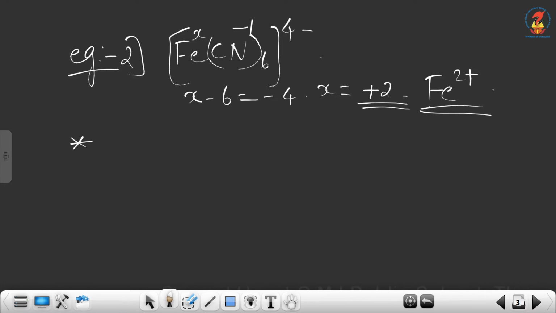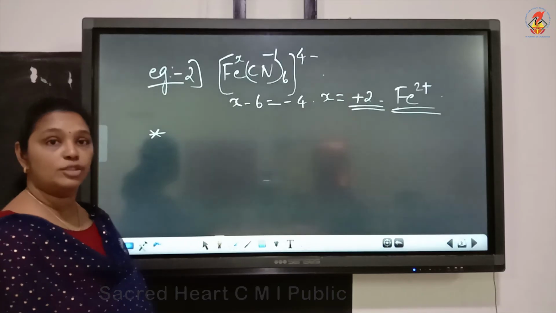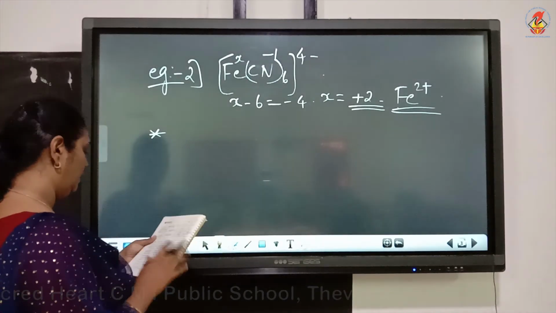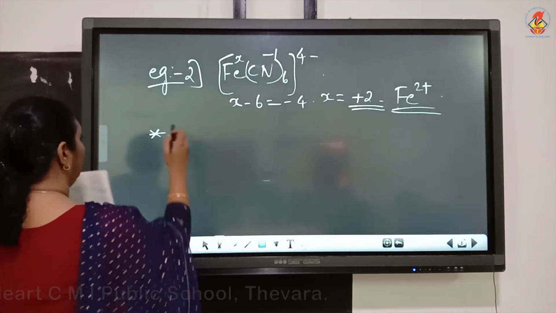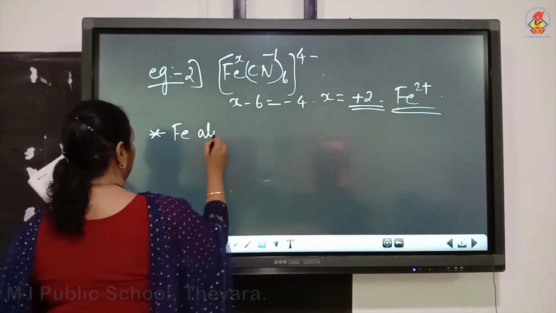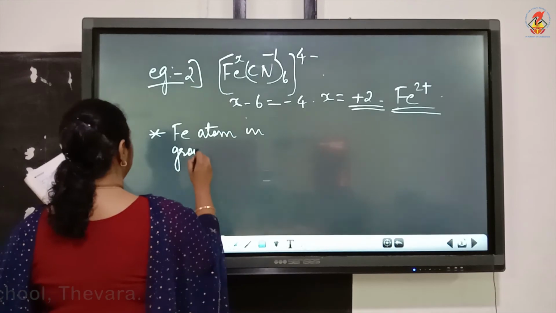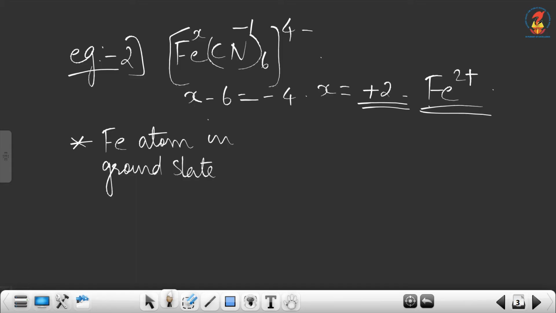Now the first step is to write the electronic configuration of the atom in the ground state. So how will you write it? Iron atom in the ground state. What is the configuration of the iron atom in the ground state?